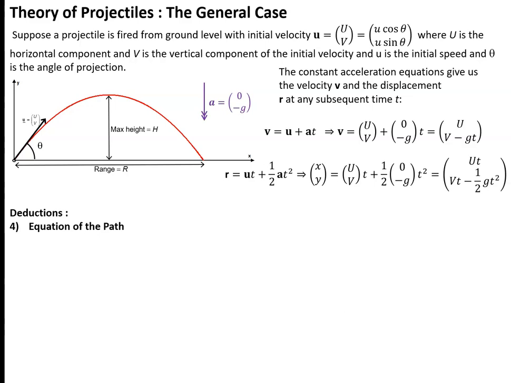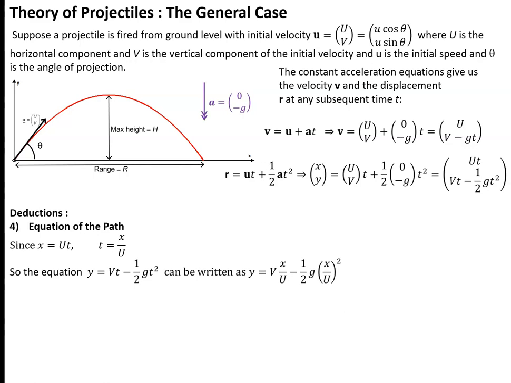Finally, we can work out the equation of the path. Now looking at the displacement equation, we know that x is equal to capital U times t. So t is the same thing as x divided by capital U. We also know that y is capital V times t minus a half gt squared.